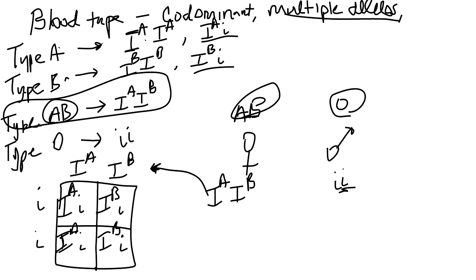Okay, last thing I'm going to cover tonight is X-linked traits. So for X-linked traits, that means that it's a trait that's carried on the X chromosome. So we have 22 autosomes, which are not sex chromosomes, and then we have a pair of sex chromosomes.